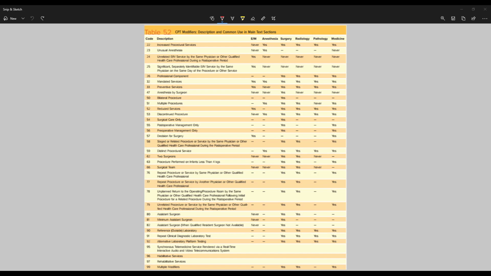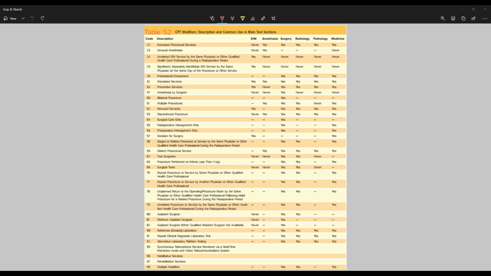There are levels or categories of CPT codes, 1 through 3. Category 1 codes tend to be the most numerous. These are the standard 5-digit codes without decimals. Category 2 codes are used to track performance measures. They're not reimbursable, so we can use these codes for statistics.